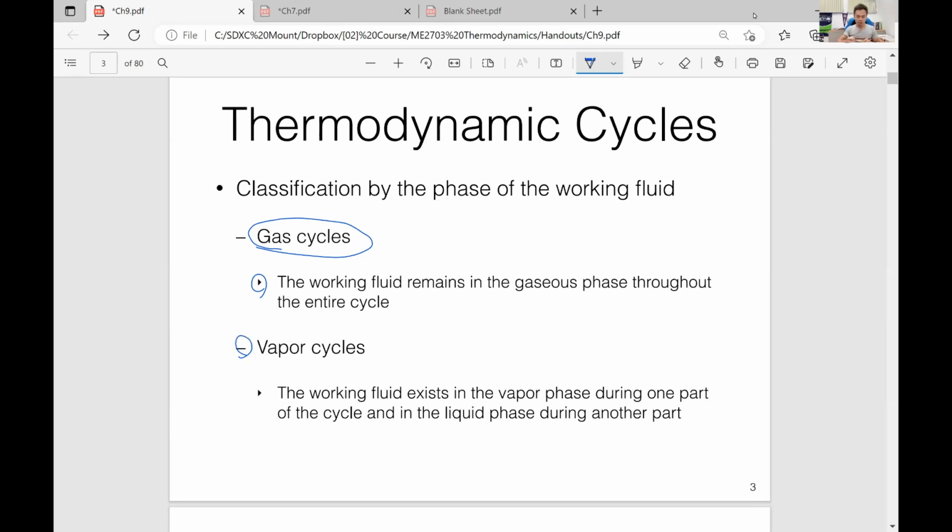Another type is vapor cycles, where the working fluid exists in the vapor phase during one part of the cycle and in the liquid phase during another part, so it's a liquid and vapor phase change process. But here we give it a name called vapor cycles. We will focus on gas cycles in this chapter.